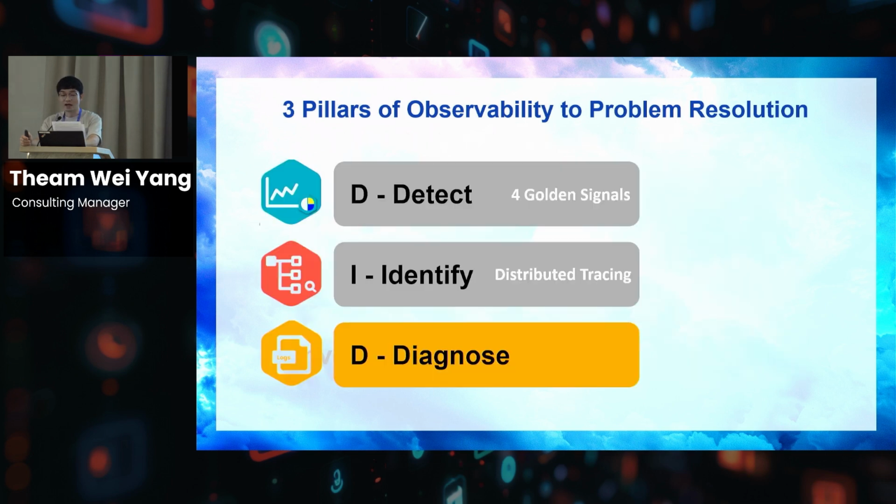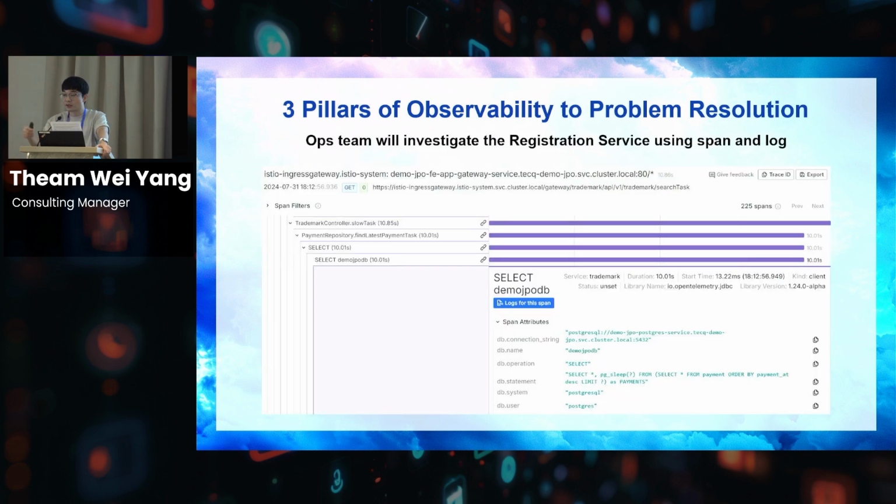So finally, once we narrow down to a specific API call, together with a trace, now we can diagnose further by locating the span and finding out the root cause. So this is how it looked after we narrowed down to a specific trace of the slow API call. We then further pinpoint a specific span.